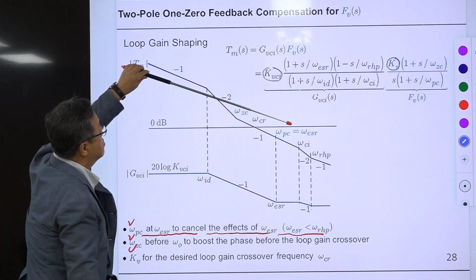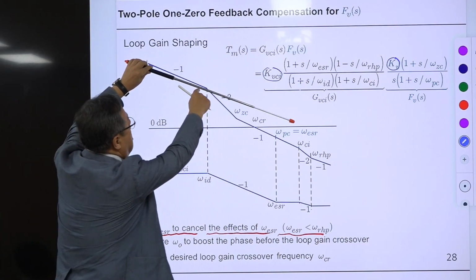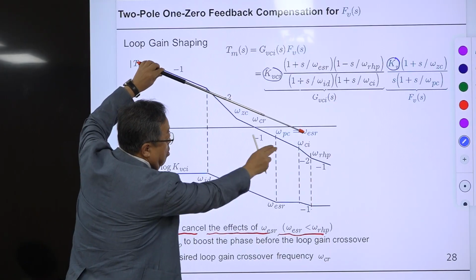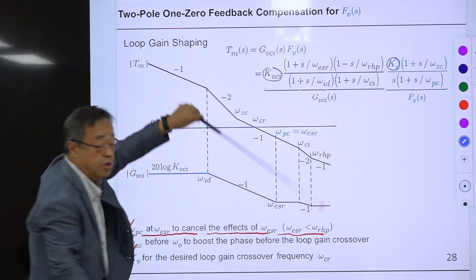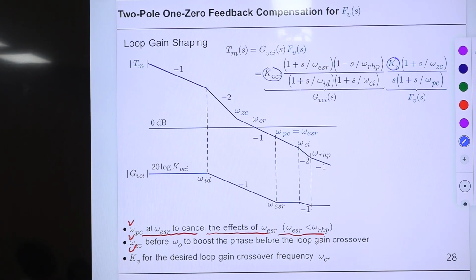If you extend this slope without considering the poles and zeros, this line segment reaches this point, which is KVCI times KV.